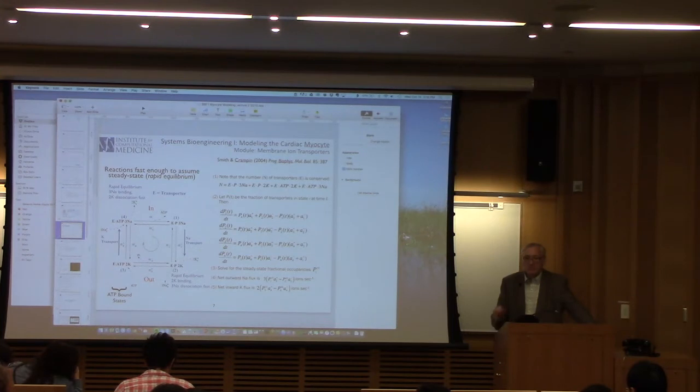But in most modern action potential models, the action of these pumps is not modeled kinetically.